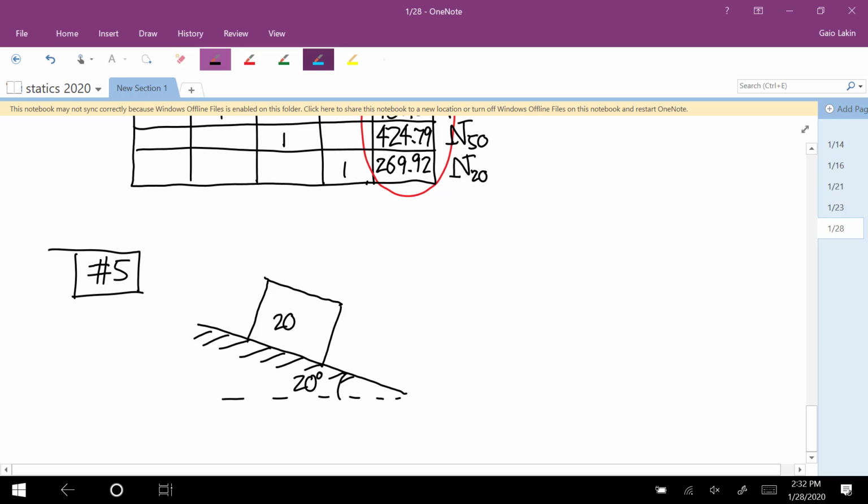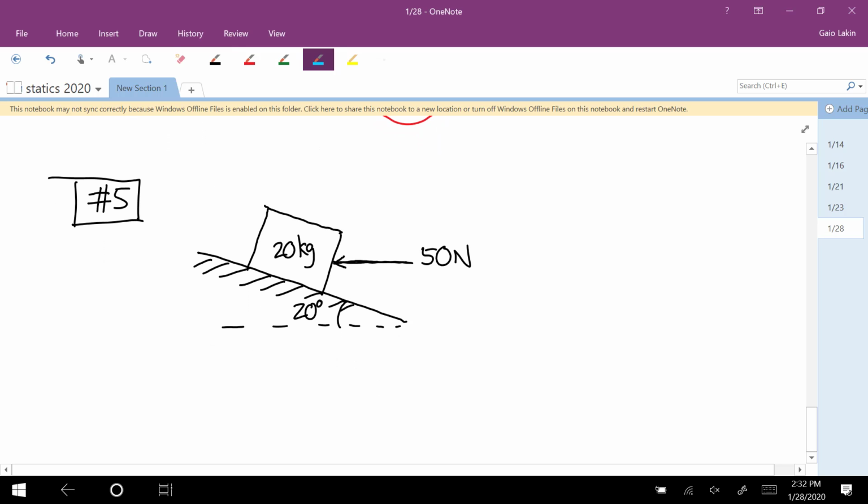The mass is 20 kilograms. And there's a horizontal force of 50 newtons. And we want to calculate the force vector applied to the block by the incline. So the force on the block by the incline, FBI.